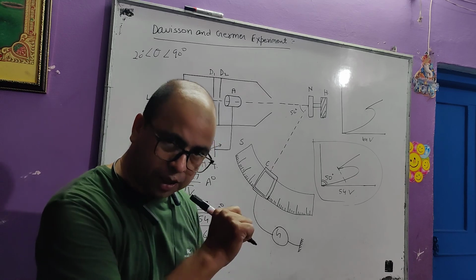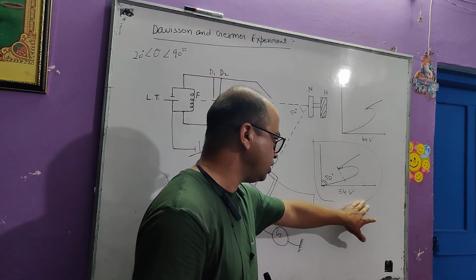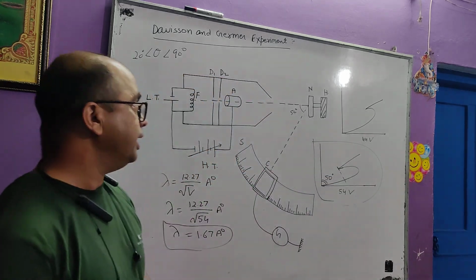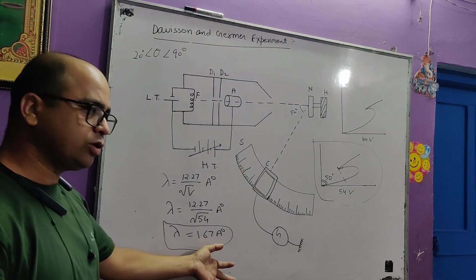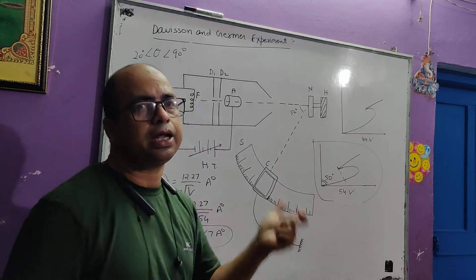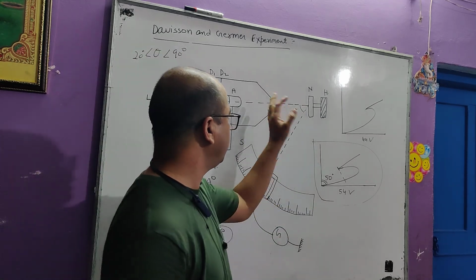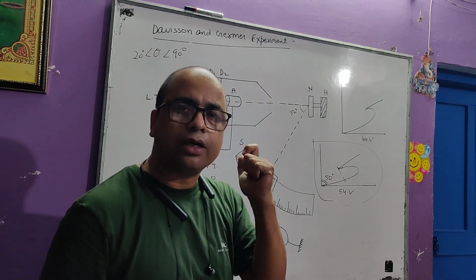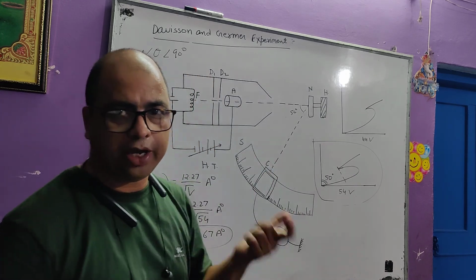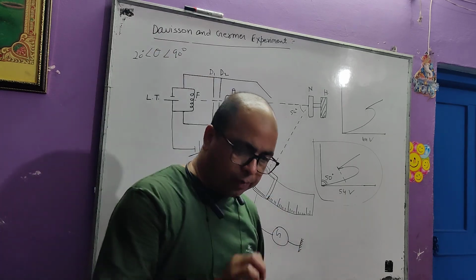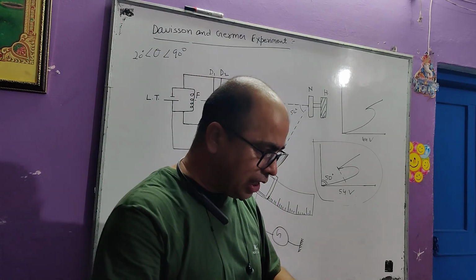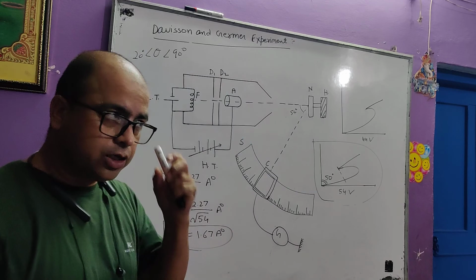At the same time, they found the wavelength of the electron by considering it as a wave. For this they used a formula which is not in class 12, that is Bragg's equation.